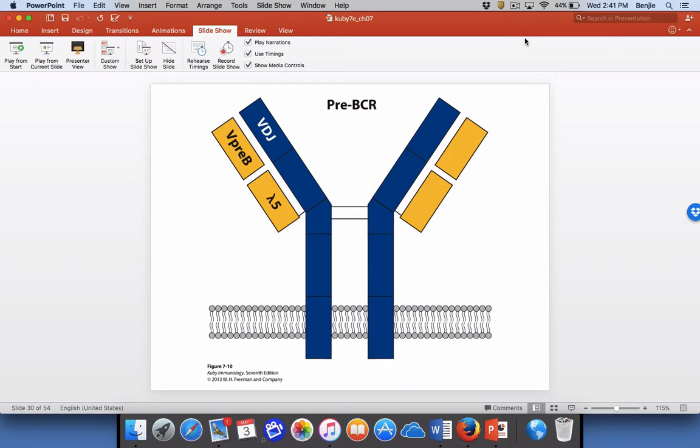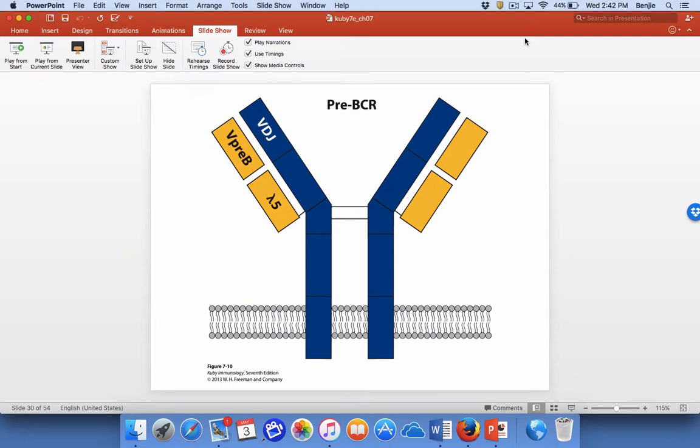Because you have some cells that will select for the maternal genes for the light chains and the maternal genes for the heavy chains. But then you can have other cells that have the maternal light and the paternal heavy, or vice versa. So you're increasing your diversity of types of antibodies that can be produced. And that selection of allelic exclusion occurs at the cellular level.